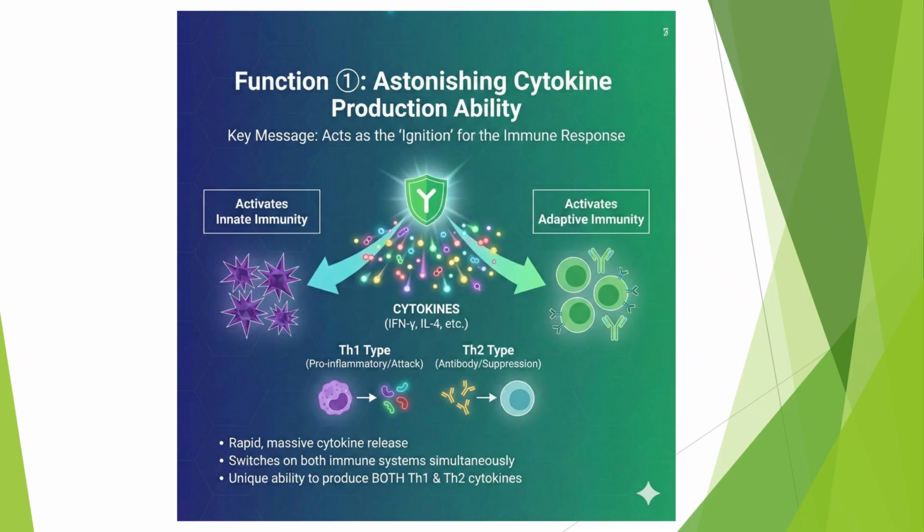They can rapidly release a massive amount of cytokines such as IFN-gamma and IL-4, which can switch on both innate and adaptive systems simultaneously. Uniquely, they can produce both Th1-type cytokines for attack and Th2-type cytokines for immune balance.